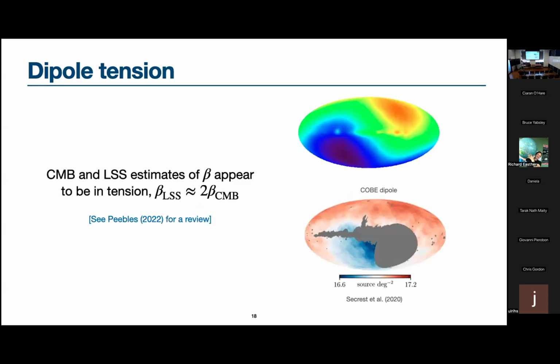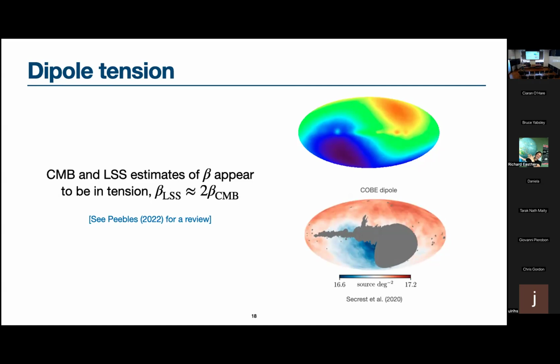But as a side note, I should also mention that there's a tension in cosmology, not the Hubble tension, but a lesser known tension, the dipole tension, in which people have found discrepancies in the magnitude of beta, the magnitude of this velocity, as inferred from large-scale structure or cosmic microwave background experiments.